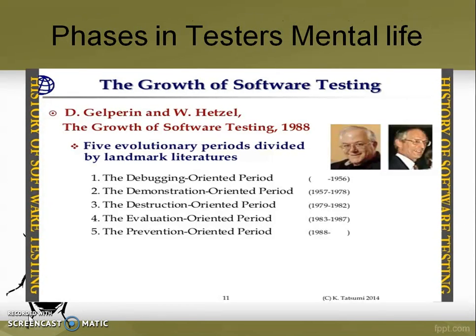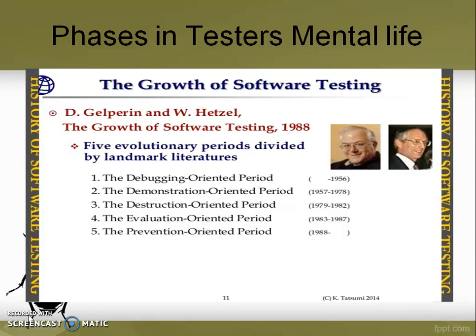Next is phases in testers' mental life. D. Gelperin and Hetzel classified the phases in testers' mental life under 5 periods. First one is the debugging-oriented period from 1956. Second is the demonstration-oriented period from 1957 to 1978.